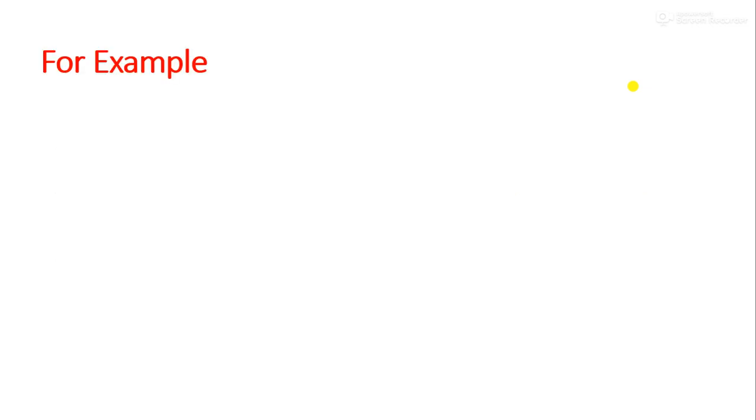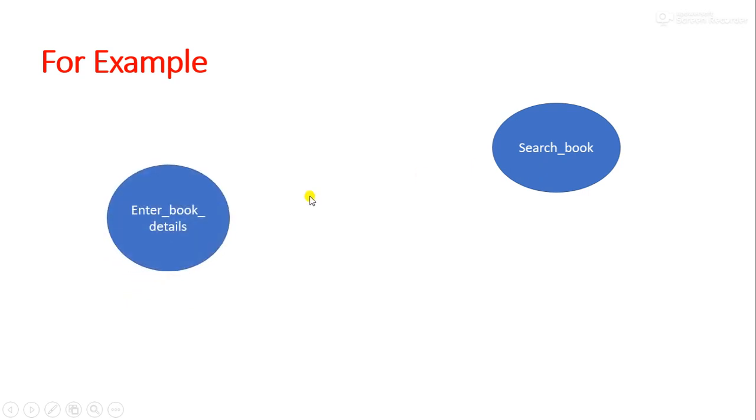So for example, let's see another example where we are going to see how to draw data store. So consider this is our search book function, and this is another function, that is enter book details. So we have a data store. Let's consider this is our database.